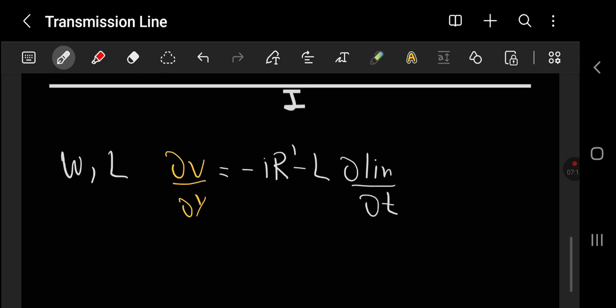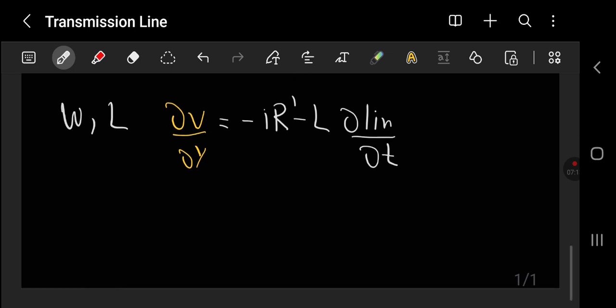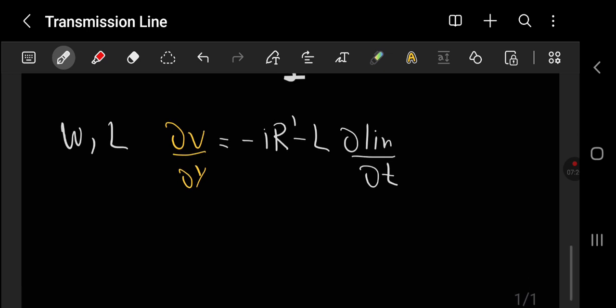The negative sign represents the opposition seen by the current as it flows throughout the structure.